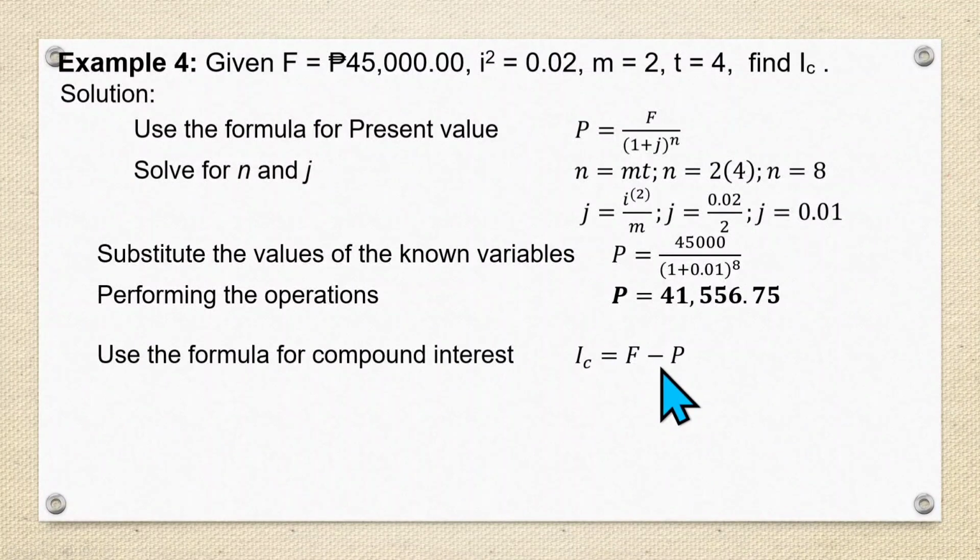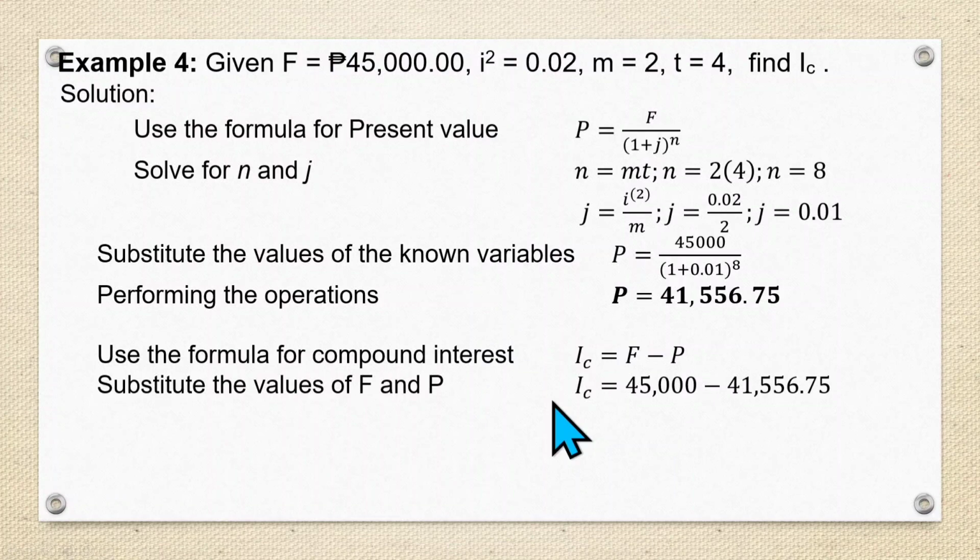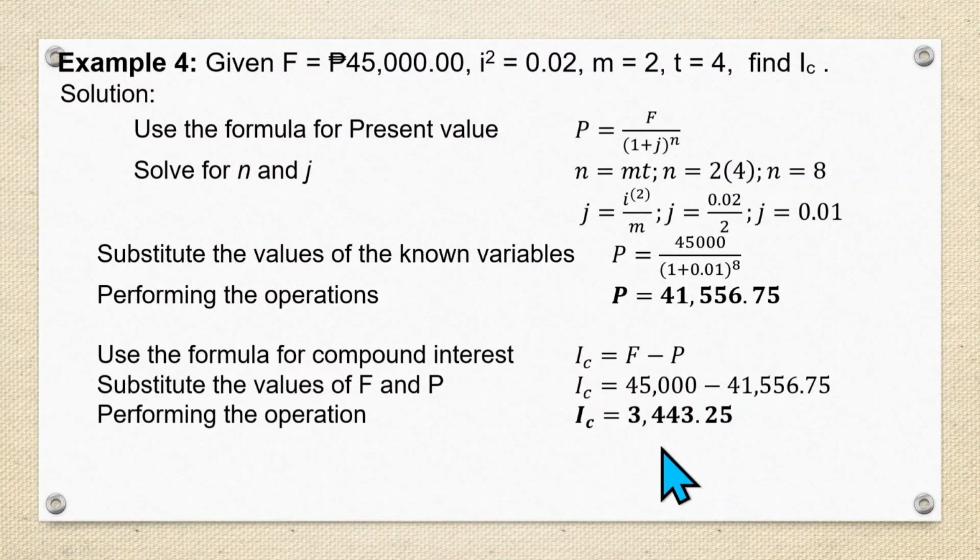So in finding the compound interest, we're going to use the formula compound interest is equals to future value, or the maturity value, minus the present value. So substitute the value of F and P, which is the 45,000, the future value, the maturity value, minus 41,556.75, which is the principal value or the present value. And then we have to perform the operation. So 45,000 minus 41,556.75 is equals to 3,443.25.